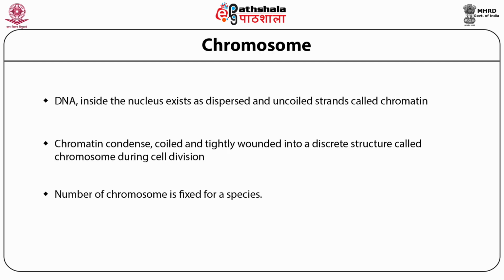The number of chromosomes is fixed for every species, so every human has 46, or 23 pairs, of chromosomes. Each somatic cell has 2 copies of each chromosome, or the diploid number of chromosomes, inherited one each from the mother and father.